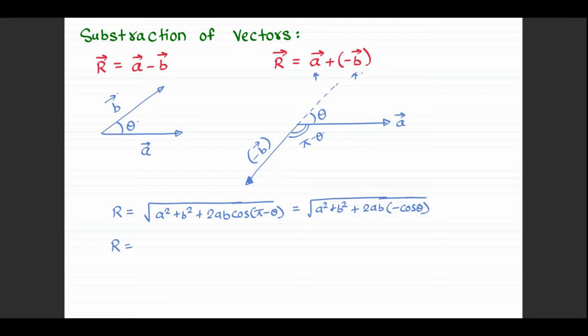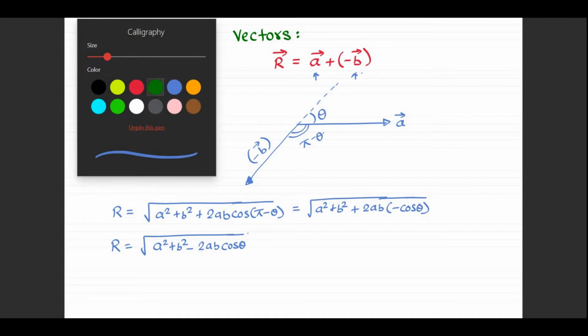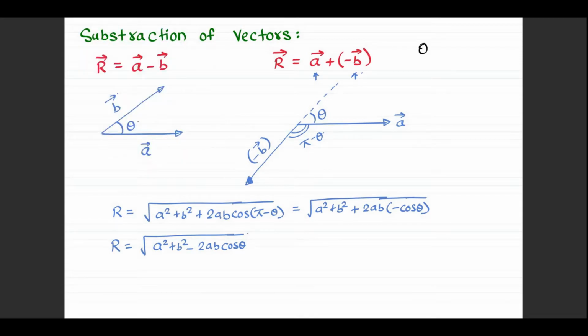So can I say magnitude is root over a square plus b square minus 2ab cos theta, right? It becomes very important for you to note angle theta is between A vector and B vector. Please be very careful about this.